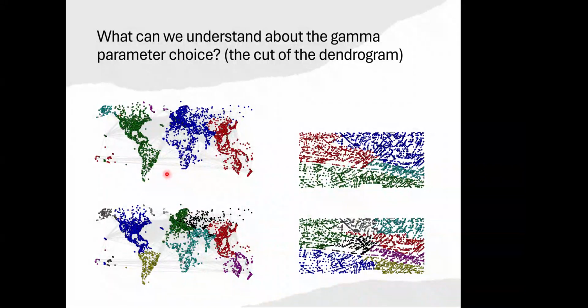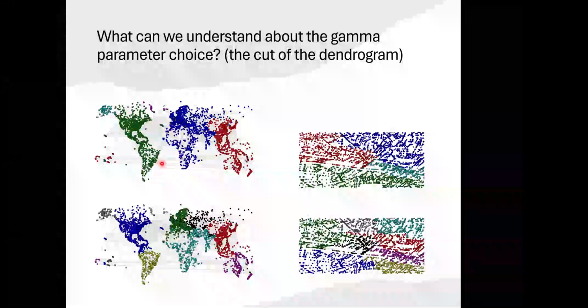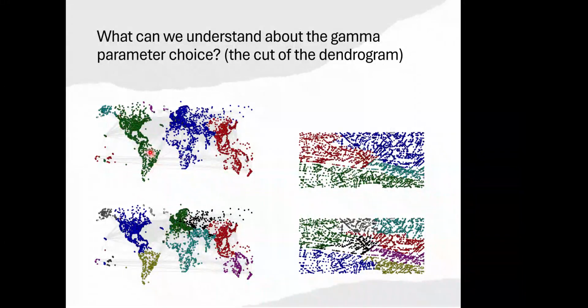We can see that given a different cut of the dendrogram, we got different results. In the upper map, we have bigger clusters. We have the whole of America as one big cluster. We have Africa, Europe, and the Middle East, and Siberia and Russia in the same cluster, which is a huge cluster, and we have all of Asia in one cluster.